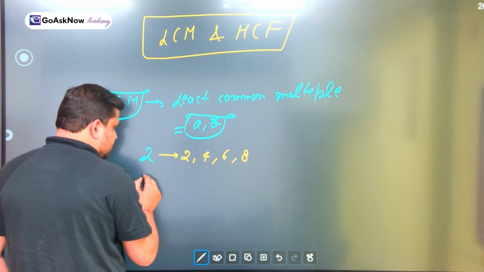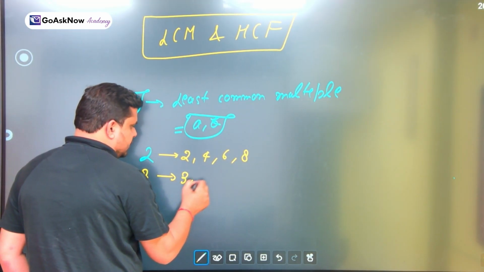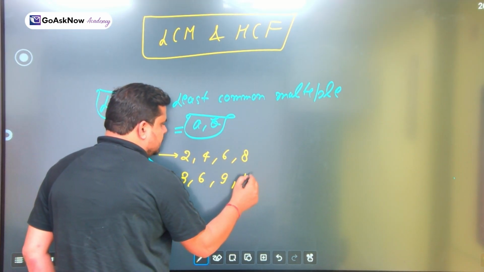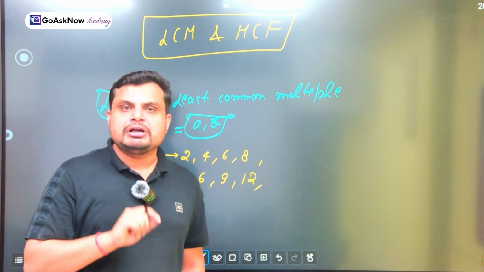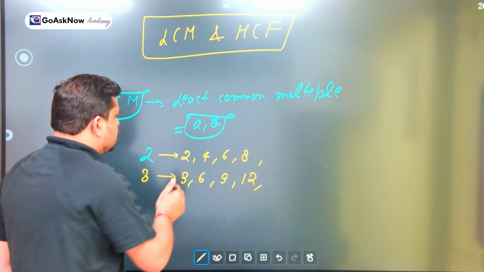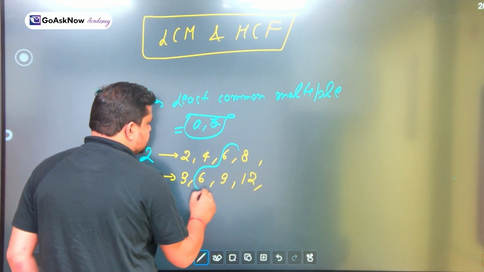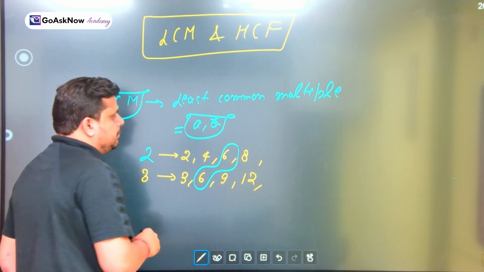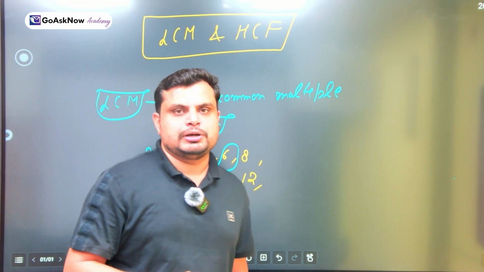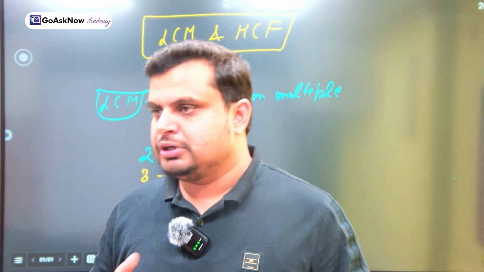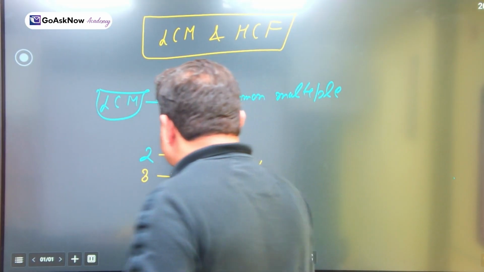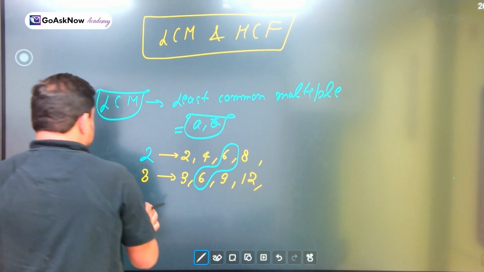And let us take 3, that is 3, 6, 9 and 12. So the least common multiple, the smallest common multiple of both numbers, is called the LCM of those numbers. This is the basic definition of LCM.